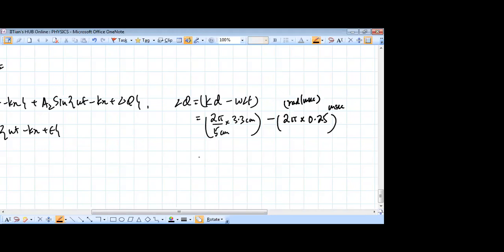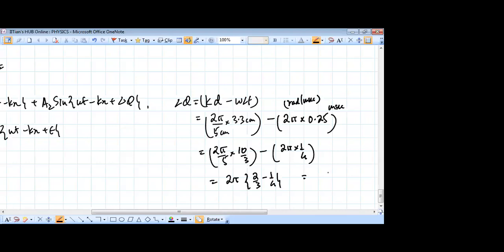Yes, we will write it as 10 by 3, correct, Ganesh? Okay. We can write this as 2 pi by 5 into 10 by 3 minus 2 pi into 1 by 4. So 2 pi into 2 by 3 minus 1 by 4. Or you can see basically it is 120 degrees minus 90 degrees. That is 30 degrees.